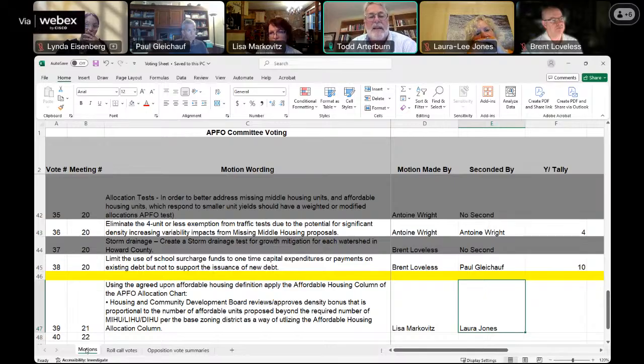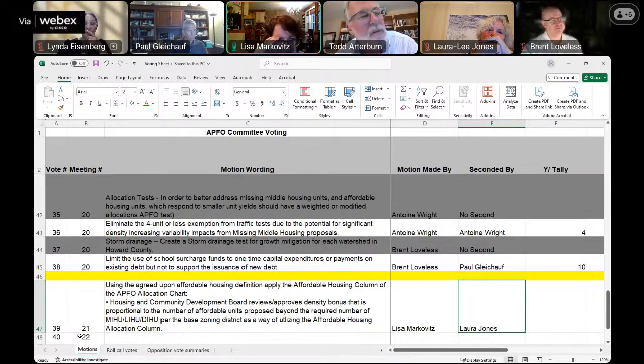That's a 50% increase. This says that the Community Development Board reviews and approves a density bonus proportional to the number of affordable units beyond the required number. Okay, so it's a 50% increase above the required number. What does that do to the density bonus associated with this project?